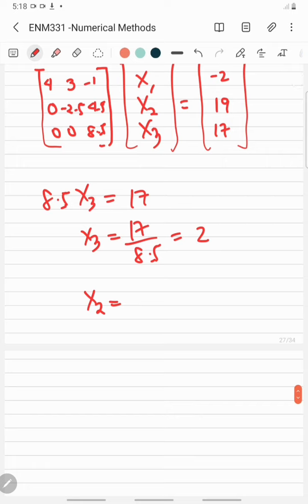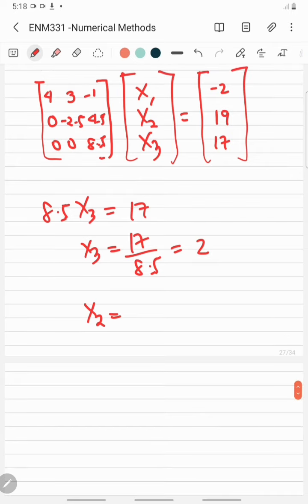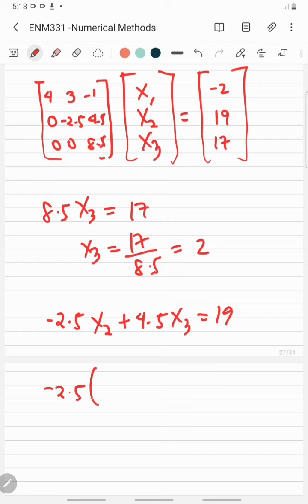Then for our x2, we have the second equation, or the second row: 0, negative 2.5 x2 plus 4.5 x3 is equal to 19. So here we have to substitute the value of x3 to compute x2.